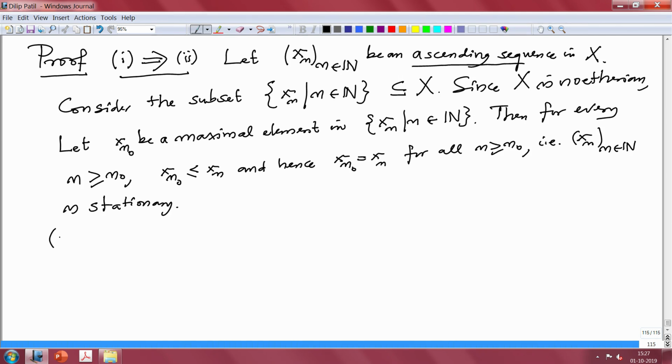Okay, now conversely we have to prove that 2 implies 1. 2 says every ascending sequence is stationary, and from that we want to prove that X is Noetherian. That means we have to prove that for every subset Y of X there is a maximal element. So let Y be a non-empty subset.